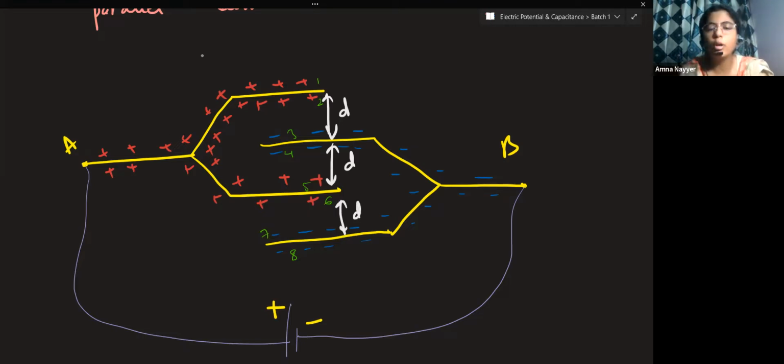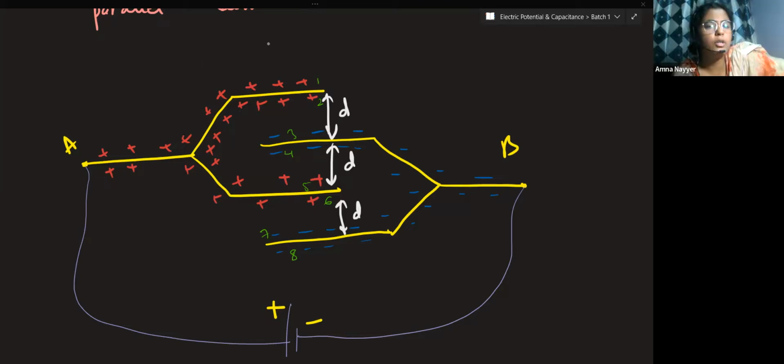Who can tell the formula for parallel plate capacitors when they are kept in air? Anyone who remembers the formula right now? When the medium is completely filled with air, we did 4 cases. Remember in the extra class that we had on Tuesday? Q by V?